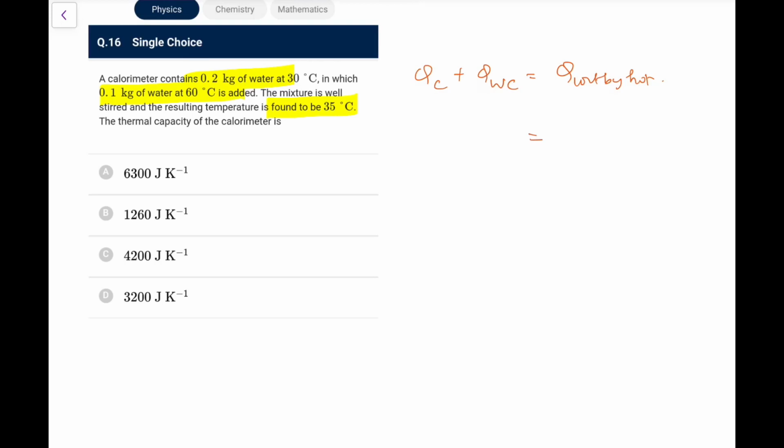So what is the heat lost by the hot water? 60 to 35, that is 25, into 0.1 kg into specific heat, that you write as, let's say, SW. Now this QC plus QWC would be 0.2 into, it has gained 5, into SW, and this would also be S into 5, capital S I am taking as thermal capacity. So this is 5 into 0.2 SW plus 5S equals 2.5 SW.